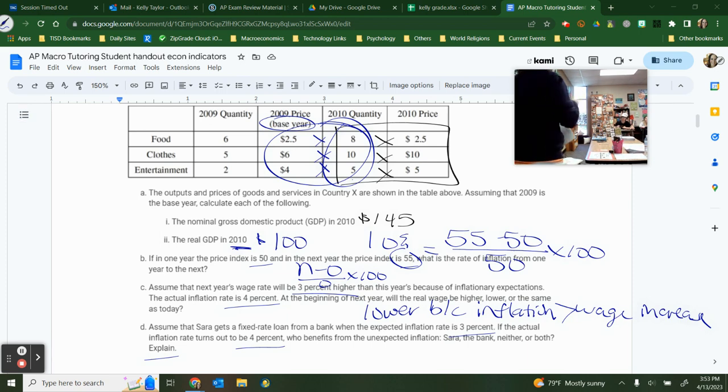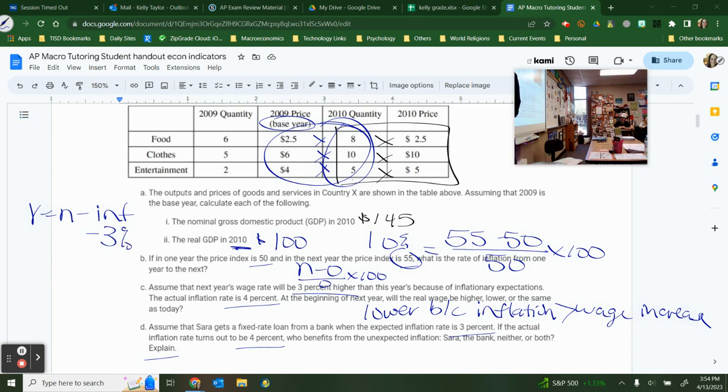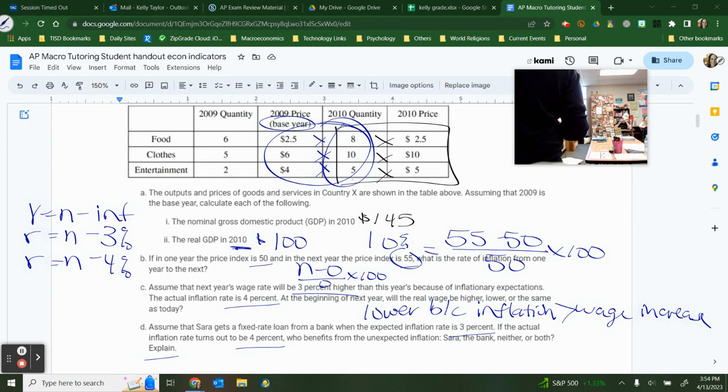So you could have explained with math, like you could have actually drawn out the Fisher equation, or you could explain it with words. So this is the Fisher equation: real is nominal minus inflation. The expected rate of inflation was 3%. The actual inflation is 4%. And so that means this is fixed. Remember, this is a nominal interest rate that was fixed, so this is not going to change.